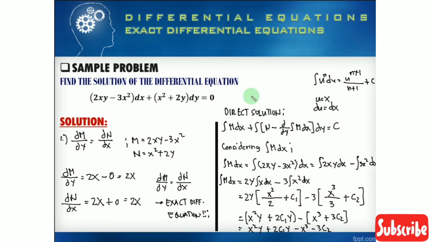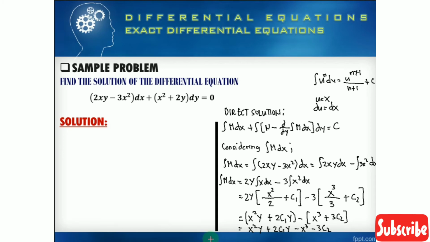Okay, so proceeding here, considering this integral, the second term here, the integral of the quantity n minus this partial derivative with respect to y of your integral of m dx, bracket dy.